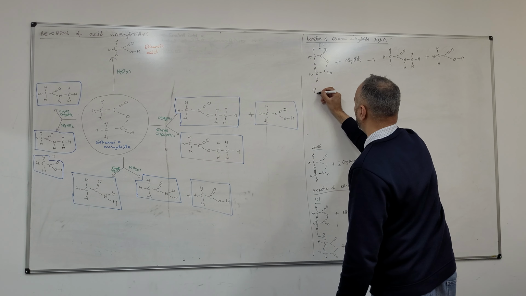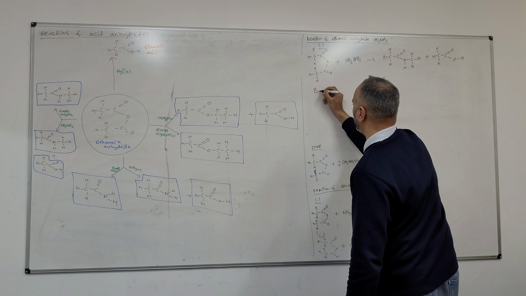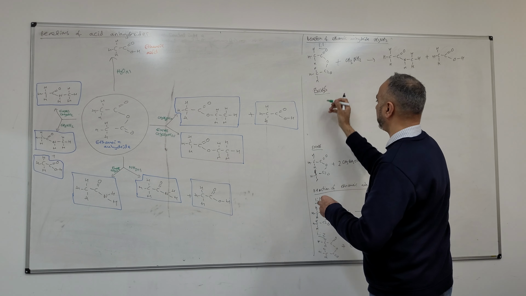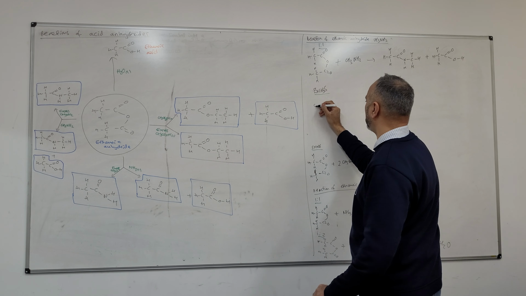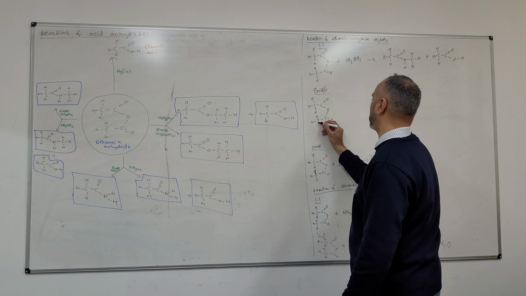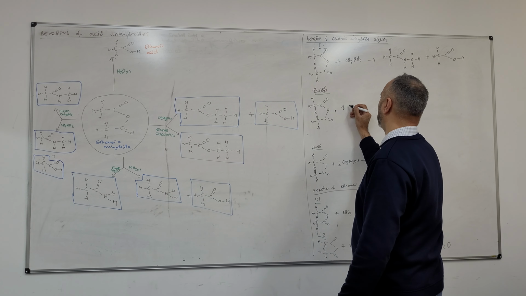And when you do excess, or 1-to-2, we end up with just 2 molecules of the N-substituted amide.